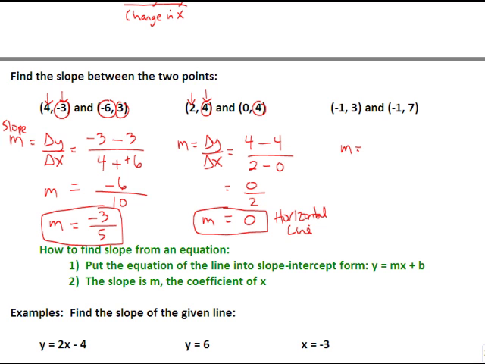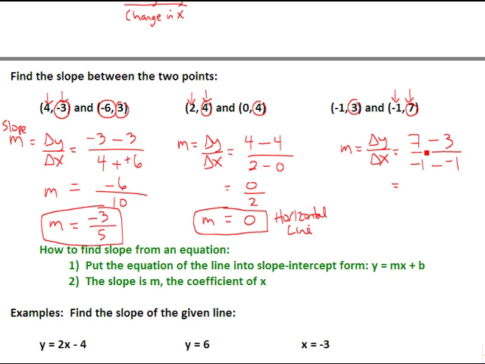Okay, last example. To find our slope, we're going to do change in y over change in x. Let's start with this y this time. So I'm going to start with 7 and subtract my other y value, 3. Since I started with 7, that means I need to start with negative 1 on the bottom and subtract the other x value, which is also negative 1.